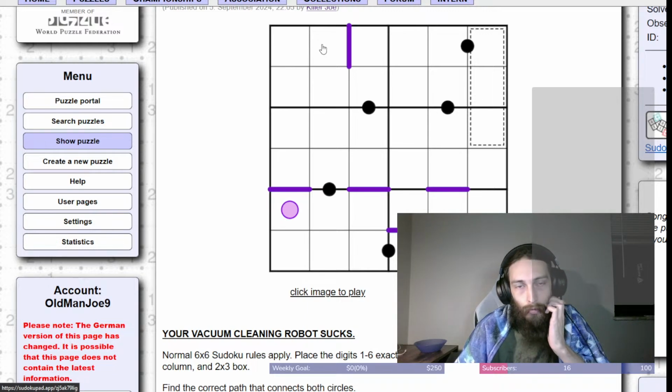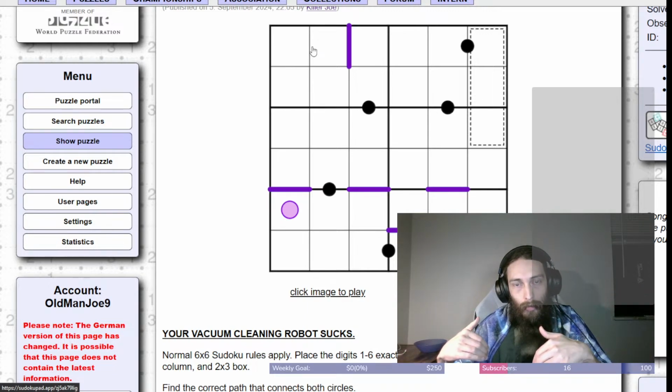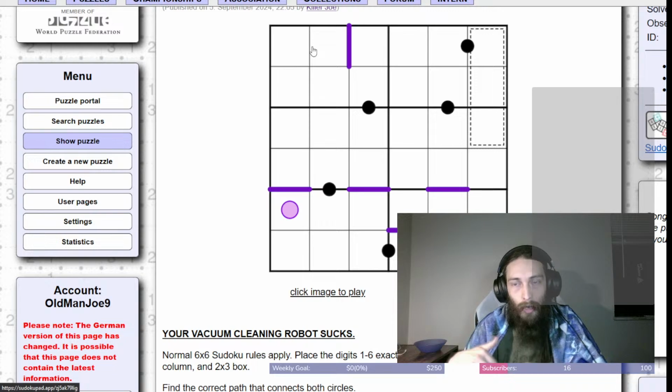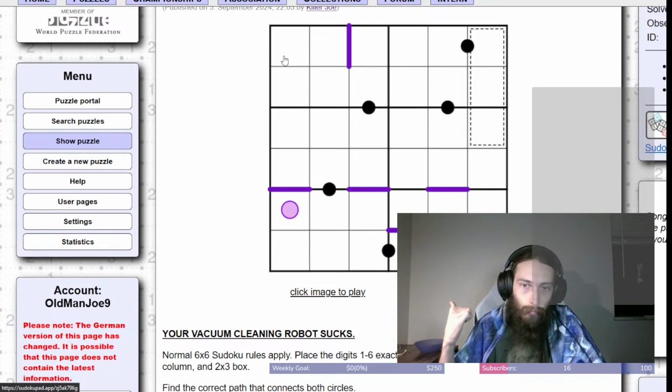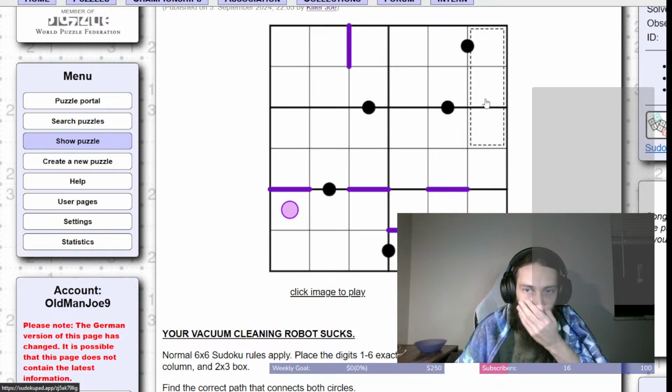Because you know that every corner it has to go into, and then it has to leave those corners, but a corner only has 2 ways of going. And then, yeah, so that's easy enough.